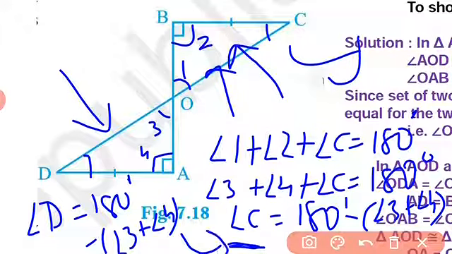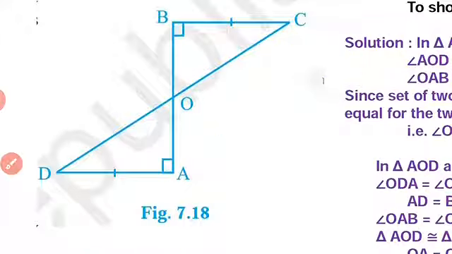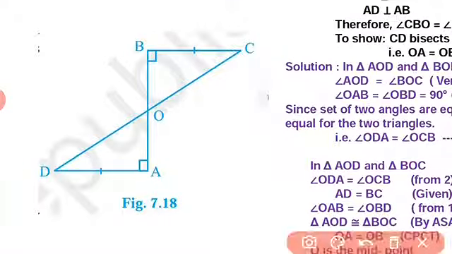We see here that angle C and angle D are equal. That means if in two triangles there are two sets of equal angles, then the third angle will be equal. So that means that angle C is equal to angle D, or we can say angle ADO is equal to angle BCO. These two angles are equal.